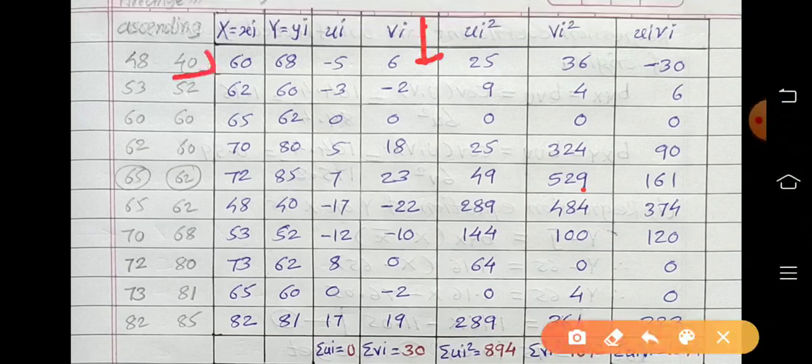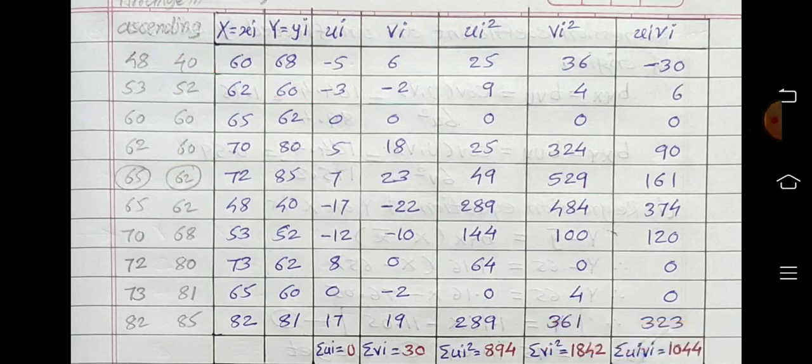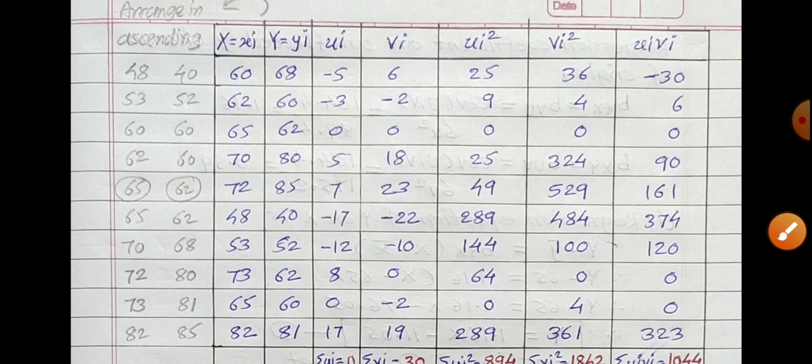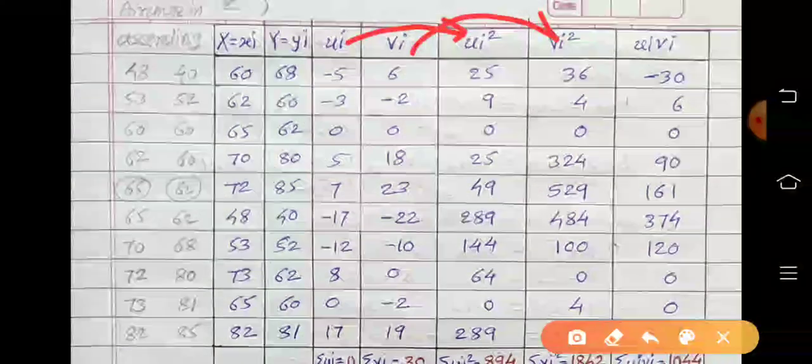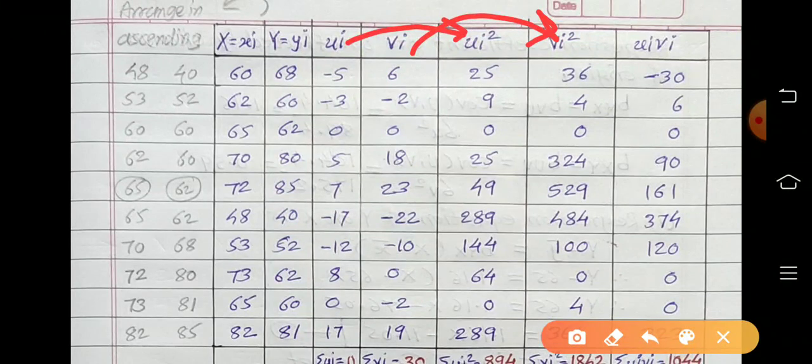From each value of y you subtract 62. So 68 minus 62 means 6, 60 minus 62 means minus 2. Afterward we make the squares, all ui square, then vi square, and then the multiplication ui vi.